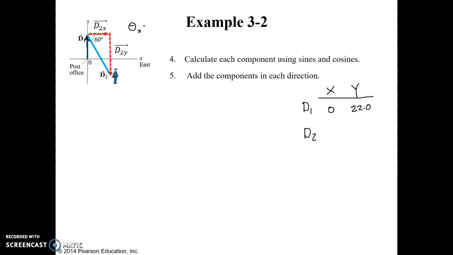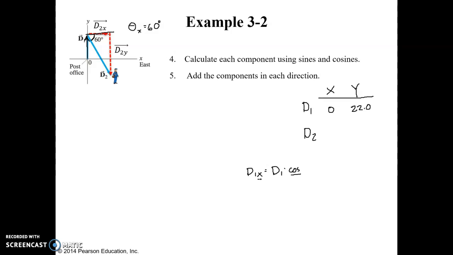Theta sub x is 60 degrees. This angle that I've been given is, in fact, the angle with the horizontal, which is what I want, theta sub x. So that means that d2 in the x direction is going to be d2 times cosine.